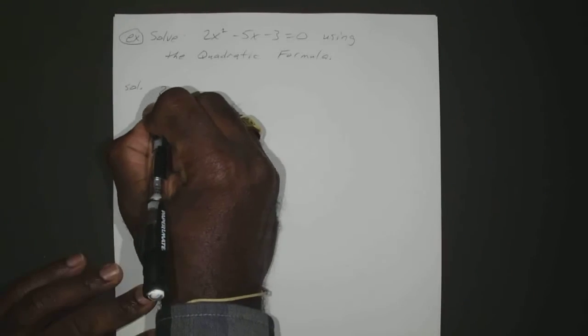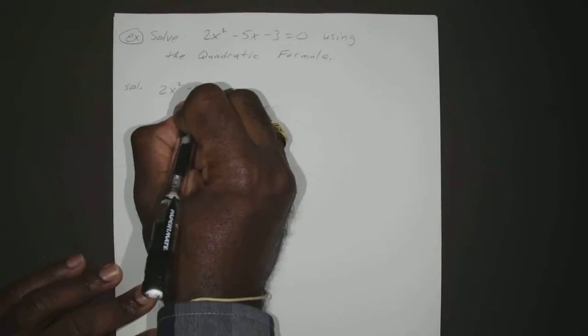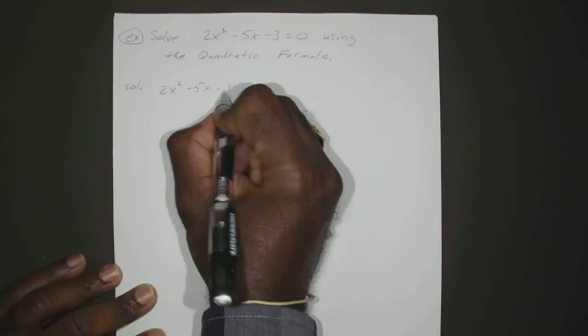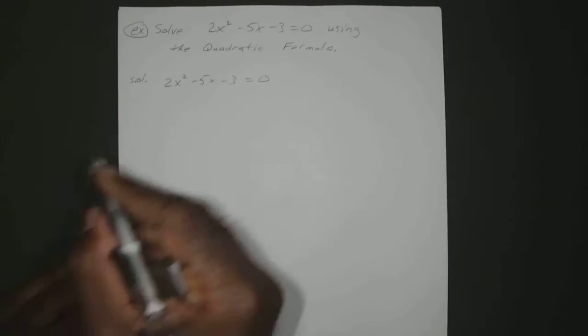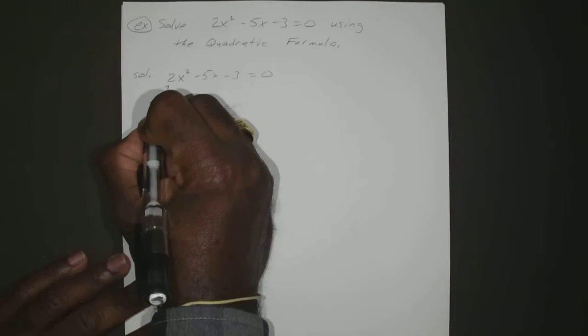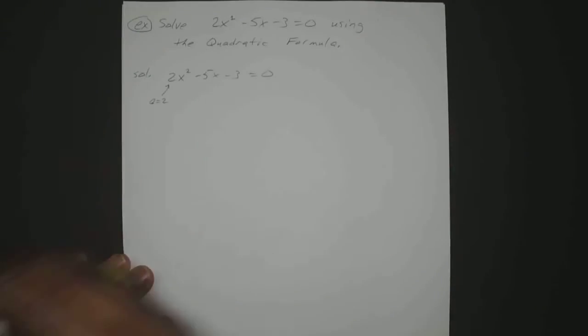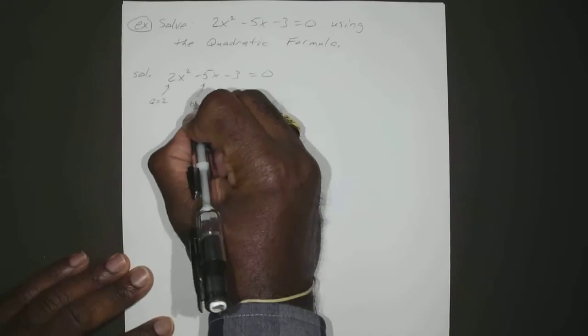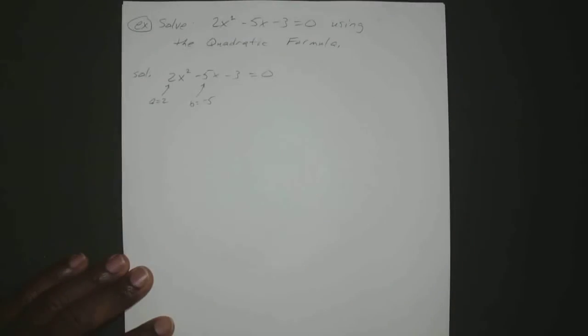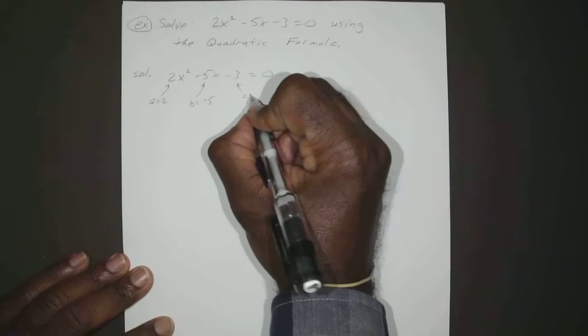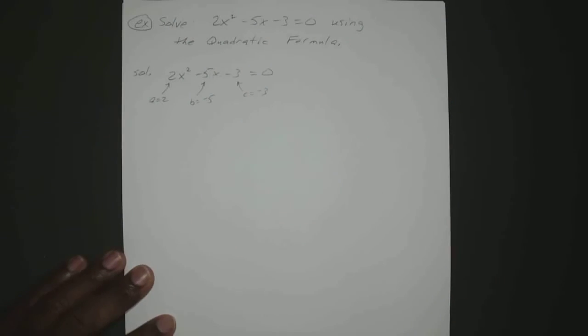So we know if we have 2x squared minus 5x minus 3 equals 0, your a is equal to 2, your b is equal to negative 5, and your c is equal to negative 3.